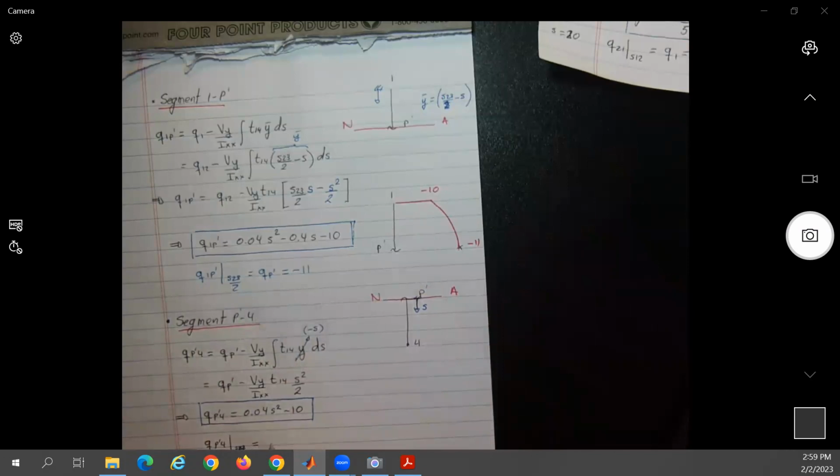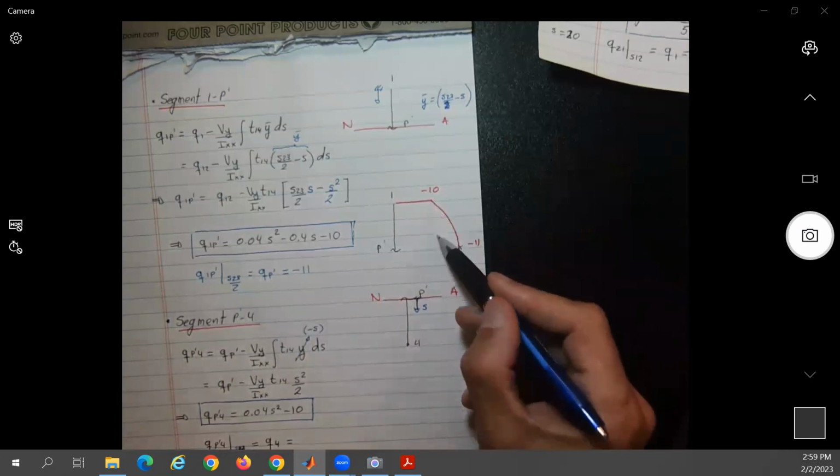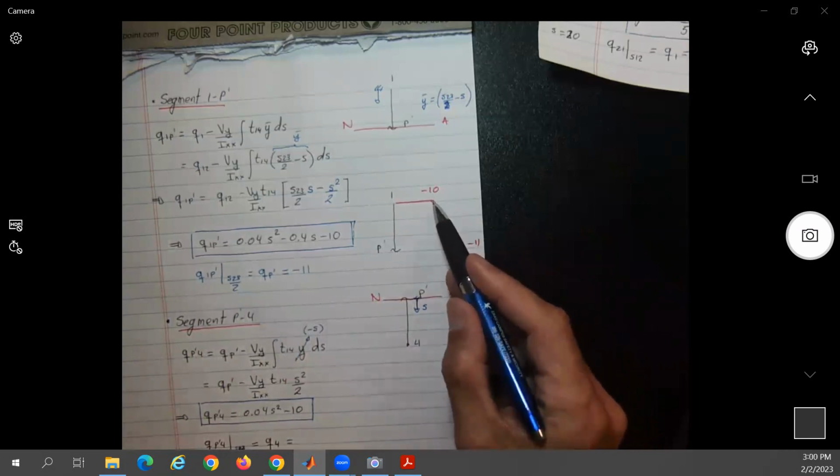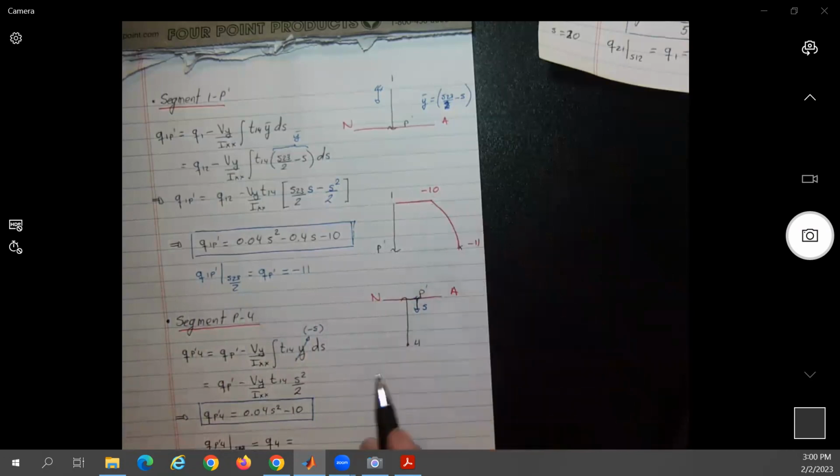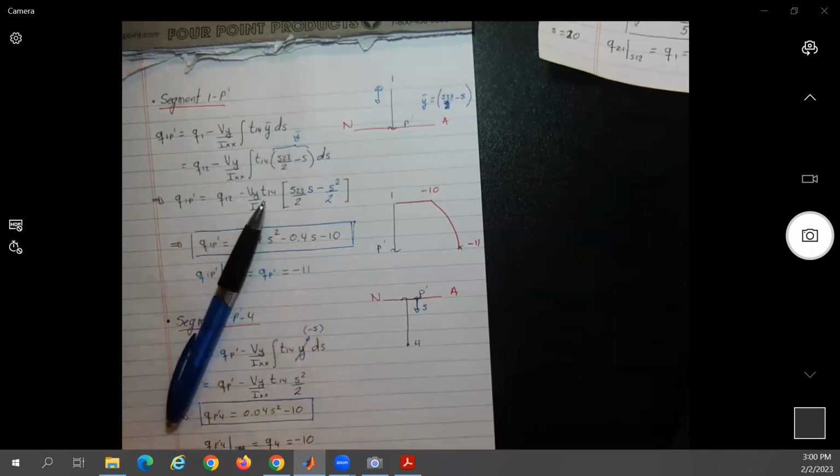That should be equal to what? At Q4, what should be the value if it's symmetric? Equal to negative 10, no? This is the output, so we should have here negative 10. So if you want, you can check. Wait, is that possible?